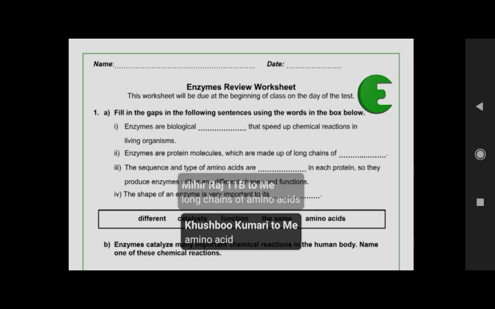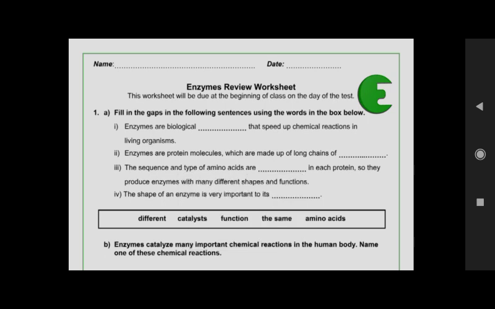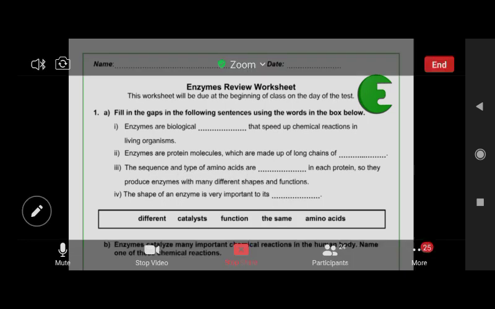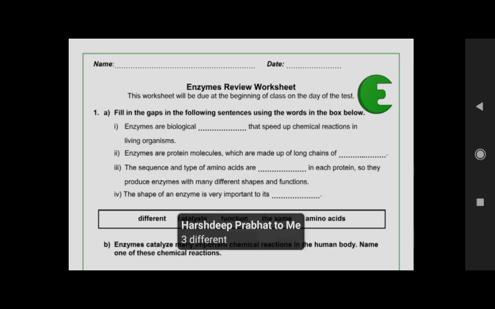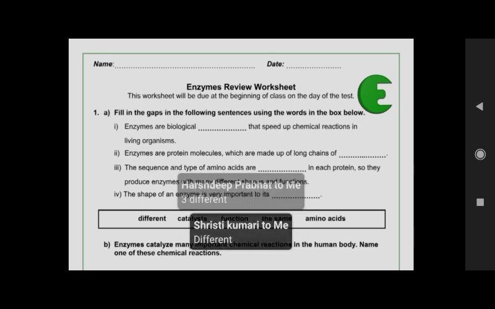Next, number 3. The sequence and type of amino acid are dash in each protein, so they produce enzymes with many different shapes and functions. Yes, different, correct. Question 4.